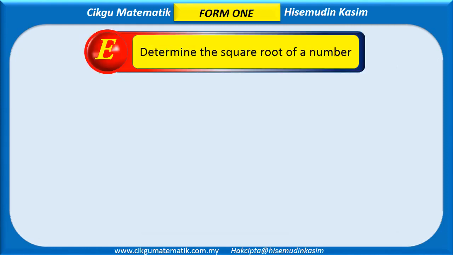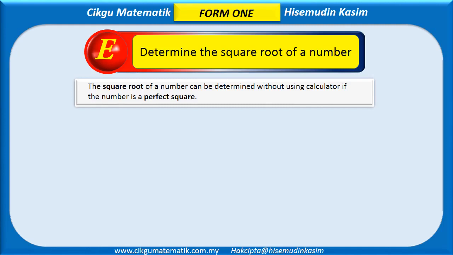E. Determine the square root of a number. The square root of a number can be determined without using a calculator if the number is a perfect square.